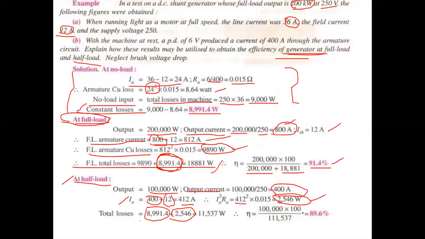Then the addition of these two losses will give total losses. The total losses during the half load condition are 11,537 watts. Then efficiency is equal to output power divided by input power.